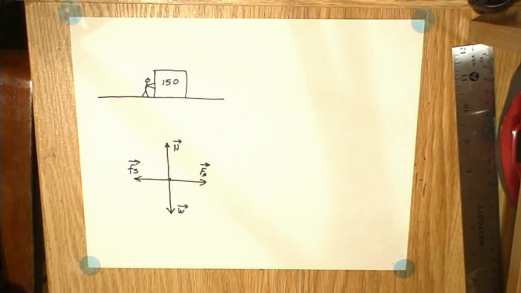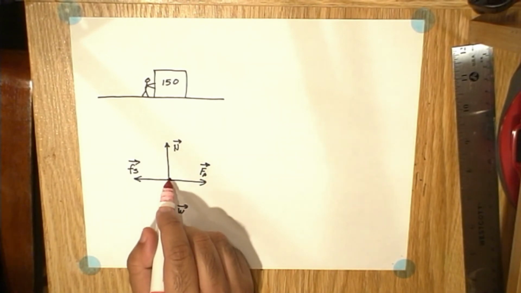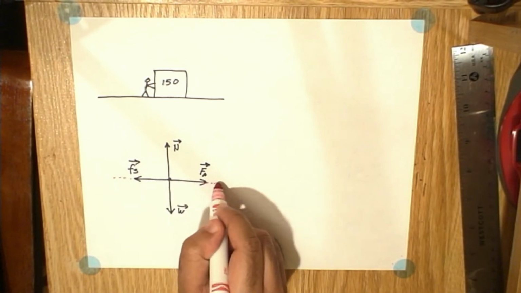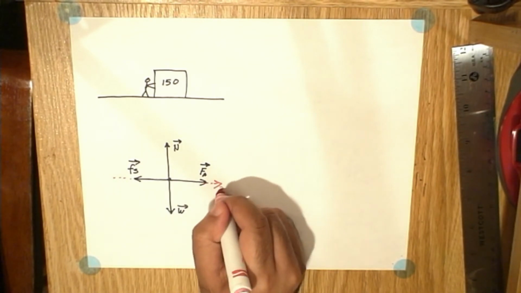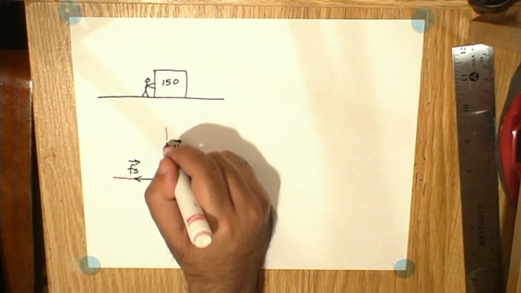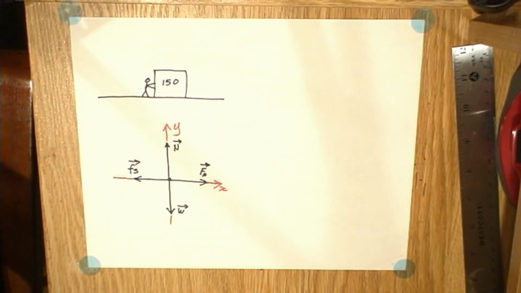Now that we have this free body diagram, we can set our origin and axes. The origin is always set on the object, the spot in the free body diagram. And we can set our axes like so. I'm going to set rightwards as being my positive x direction and upwards as being my positive y direction.